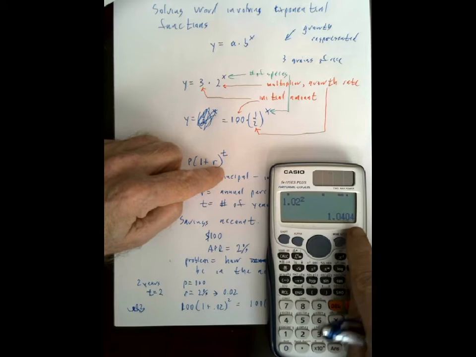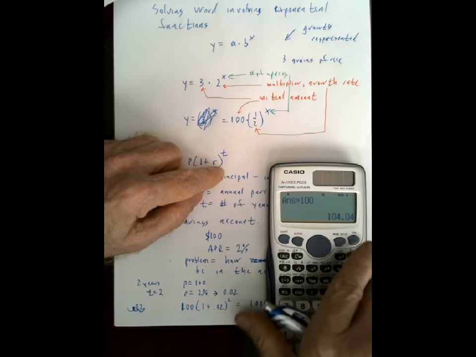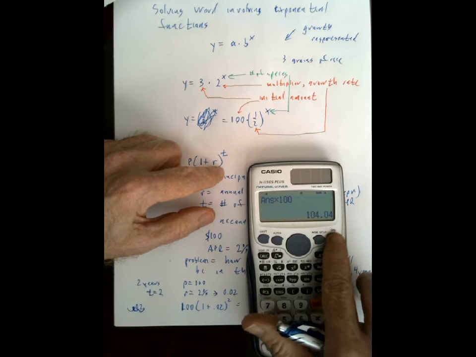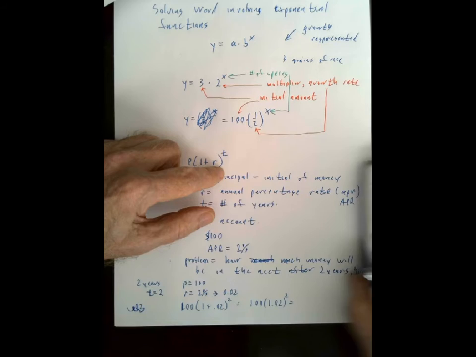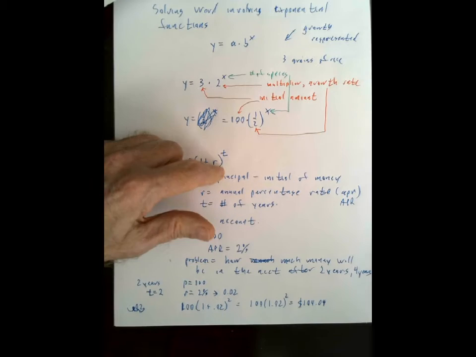I'm not going to round that off. I'm just going to straight away multiply that by 100, and that's going to be equal to $104.04. So after 2 years, that's how much we would have.